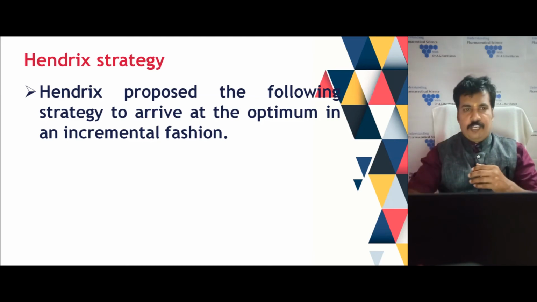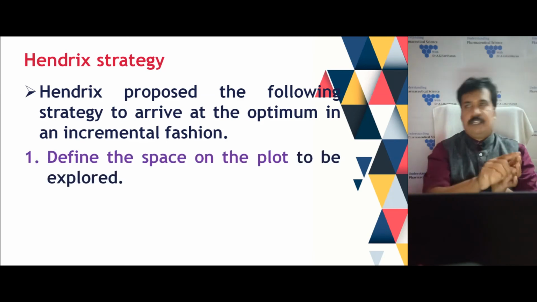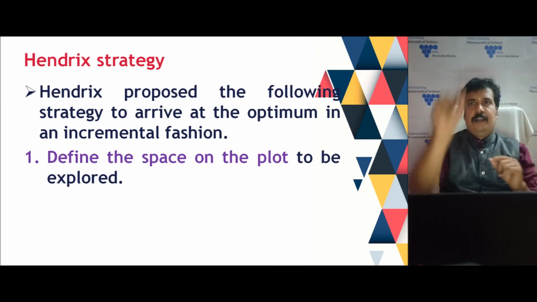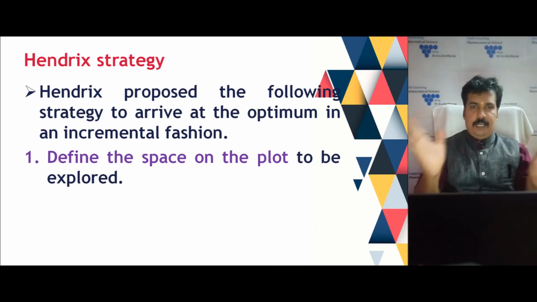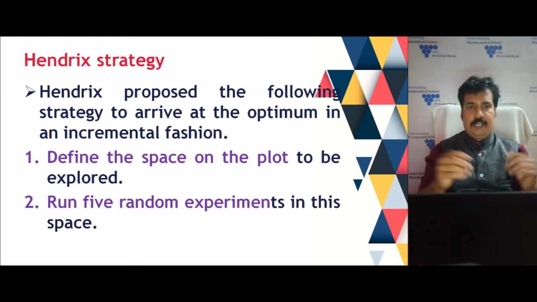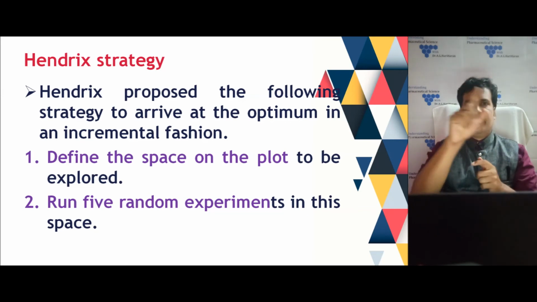First he created a space. That means we have variable x1 on the x-axis and variable x2 on the y-axis, right? I select 5 points at any level to get a space around a plot, making it a circle. So I run 5 random experiments at 5 points, and we get a space.